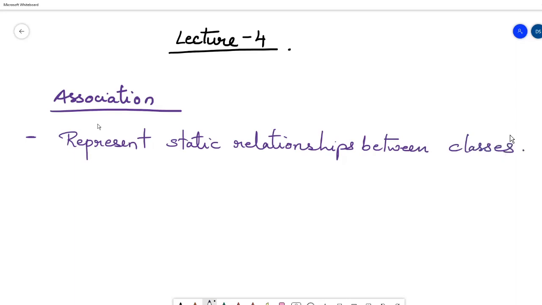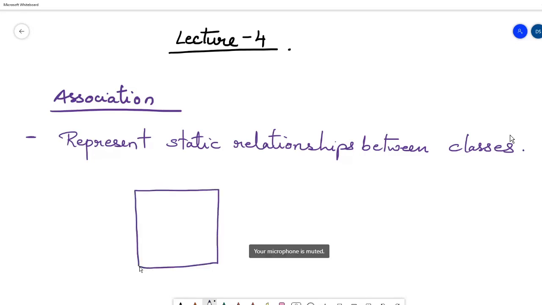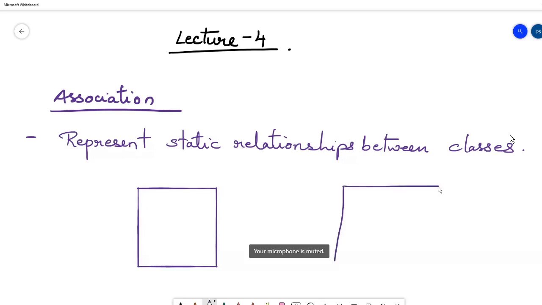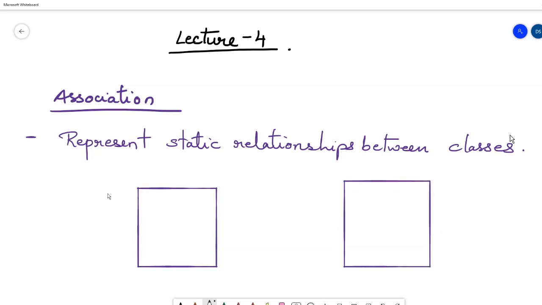And when we draw its diagram, when we make classes and make an association between them, it is always like this: a rectangular box which represents a class, and as we are saying, it represents the relationship between the classes.